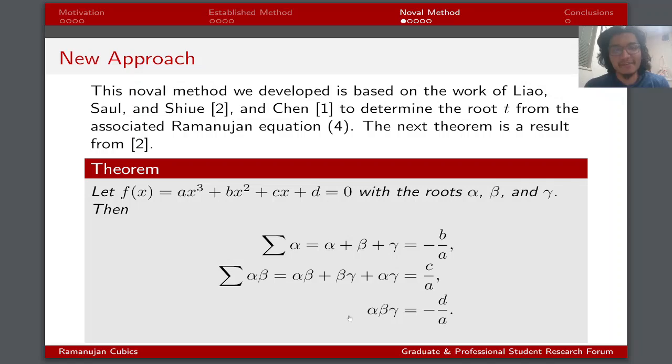We have a new approach that's based on the work of Liao, Sol, and Xu, and also Chen. So we're kind of combining these two results, really to try and find t better or faster. And so we have this theorem here, where we have an arbitrary cubic, okay, and the roots are alpha, beta, gamma.